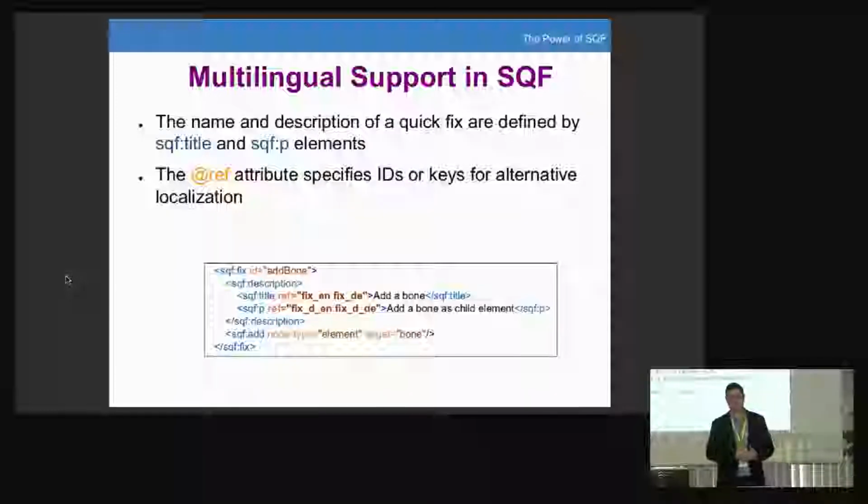The implementation of the multilingual support is open. It's not something restrictive. But we wanted to have something that will match the current support in Schematron, which allows you to use diagnostics and refer to phrases using the diagnostic mechanism.